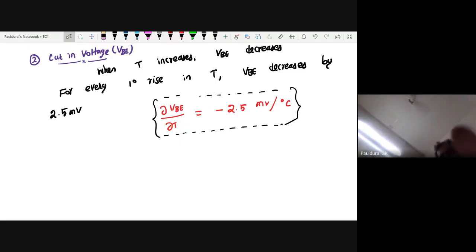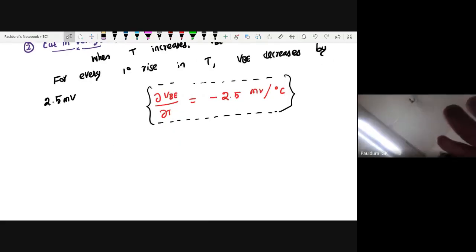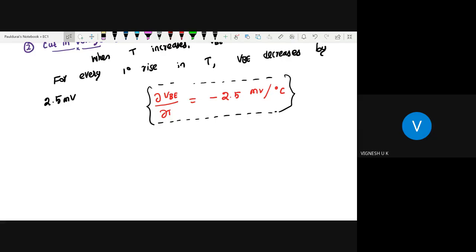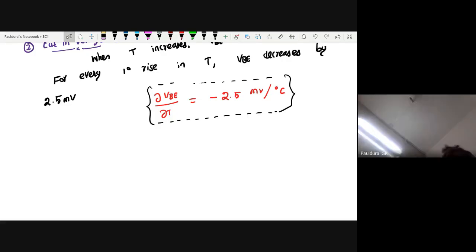From my previous class: Sir, IB increases. How does IB increase? IB is equal to VCC minus VBE by RB. Yes, thank you. From my previous class, take my first problem on the DC load line.